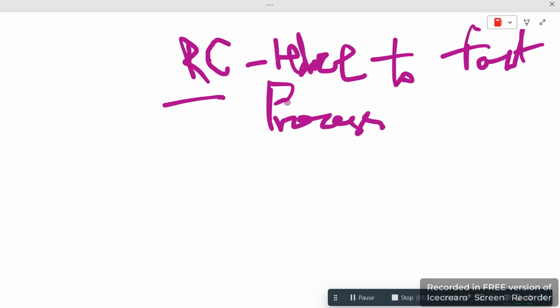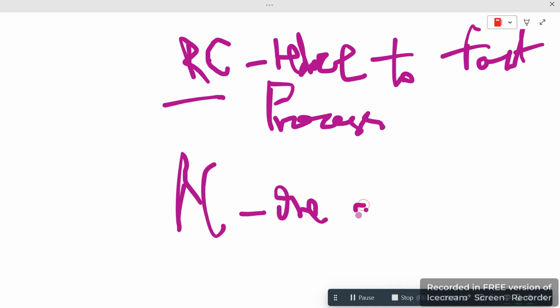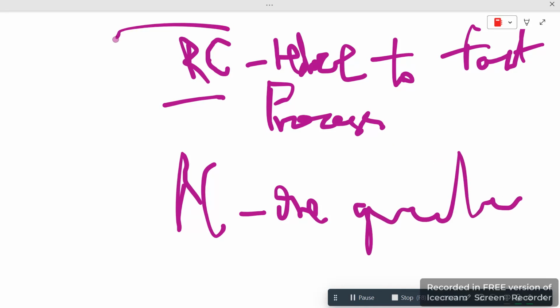Whenever RC is less than 1, that will be the fast process. When it is greater than 1, here it was 1 reduce, here it is 1 greater, then the process will be a slow process.